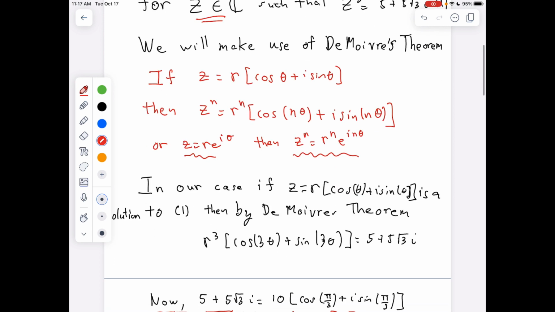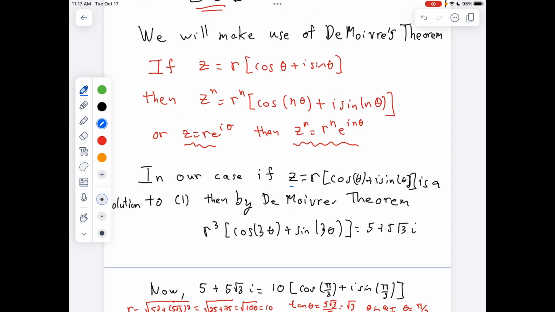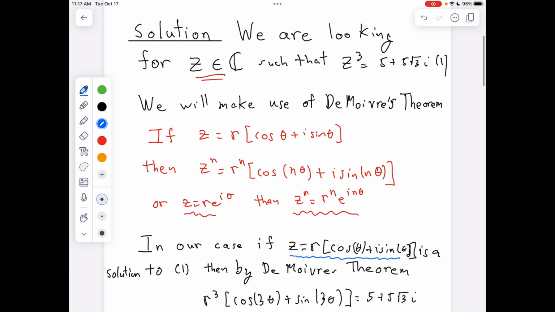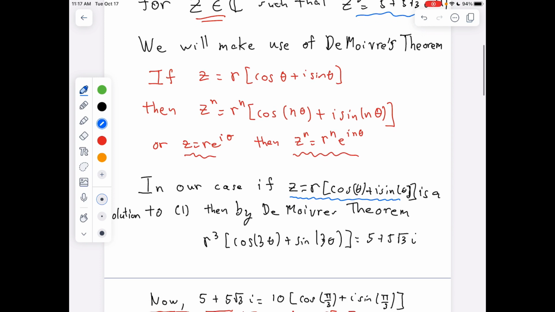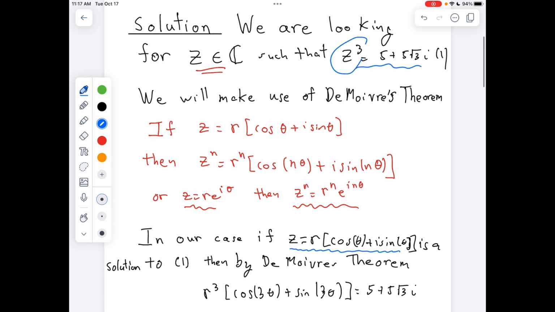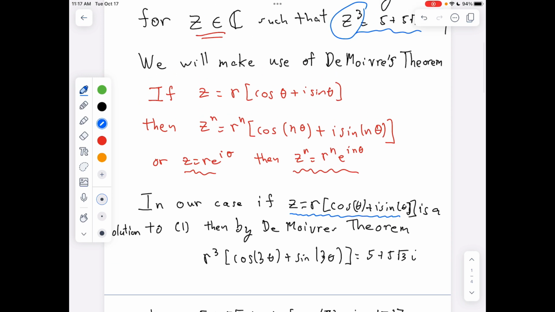So in our case, if we're looking for a solution, and let's say our solution is of the form z equals r cosine theta plus i sine theta, and it's a solution to the equation up here, then if you plug that solution into z cubed, it comes out to be r to the third times the cosine of 3 theta plus i sine of 3 theta.